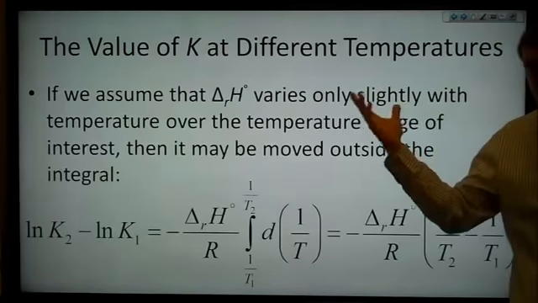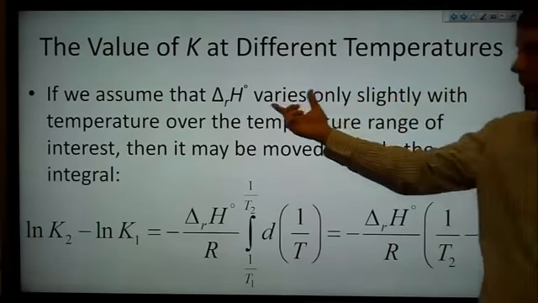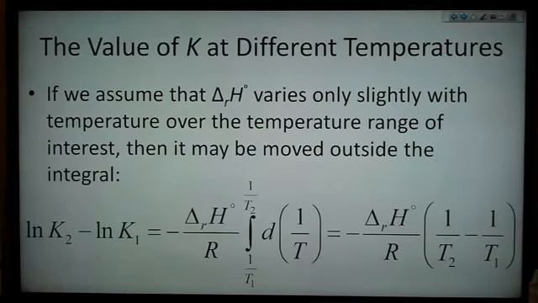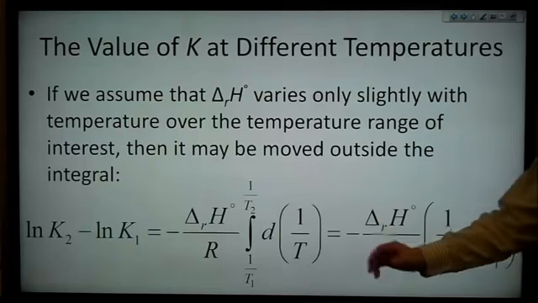If we're assuming that our standard enthalpy of reaction changes only slightly with the temperature, or at least over the temperature range that we're looking at, then we can move it outside the integral.